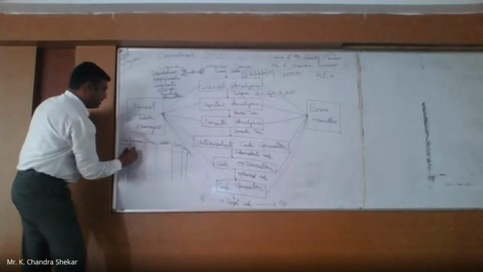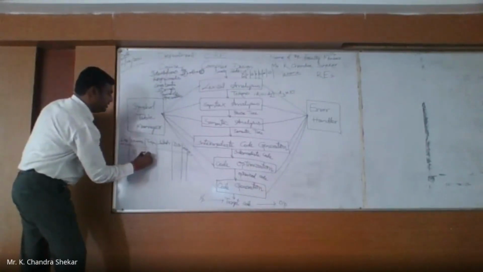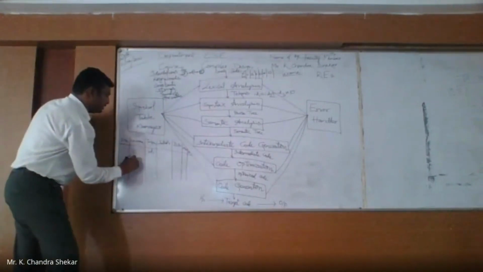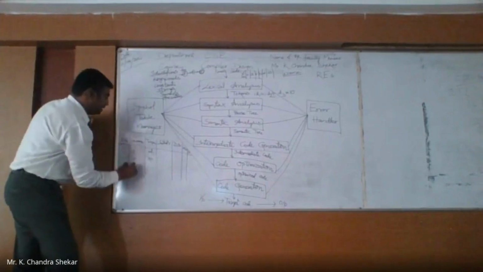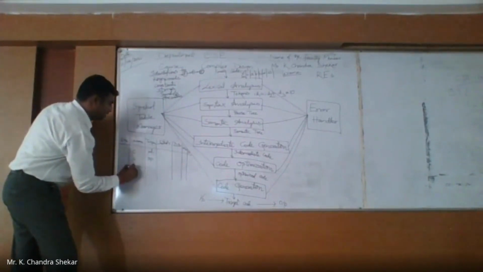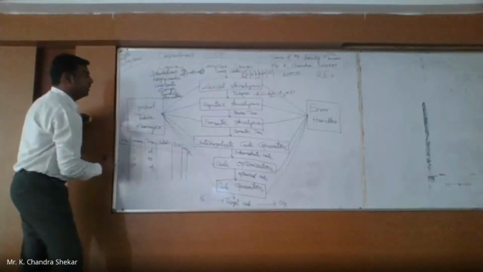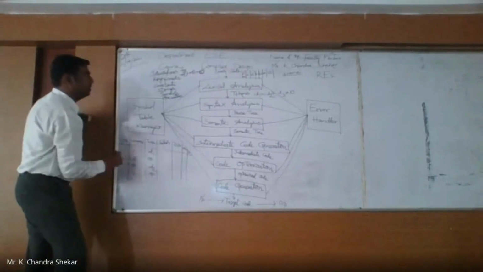Let me take the lexemes now. The first one is C, which is an identifier, ID1. Then you have an assignment operator, so let me take it as an operator. Then let me take A, which is identifier ID2. Then let me take plus, which is an operator.